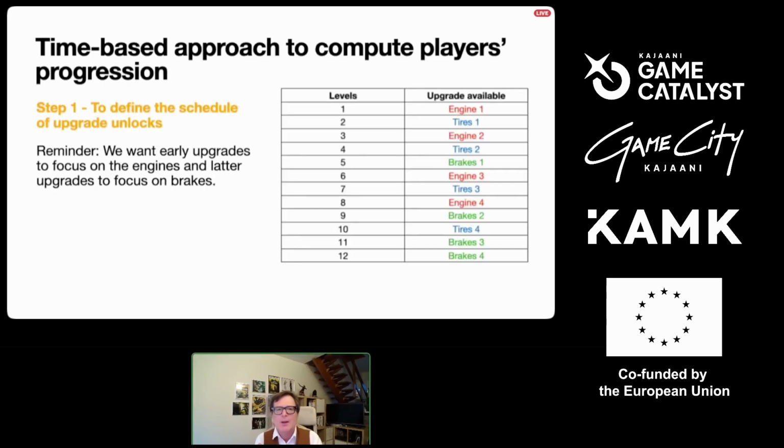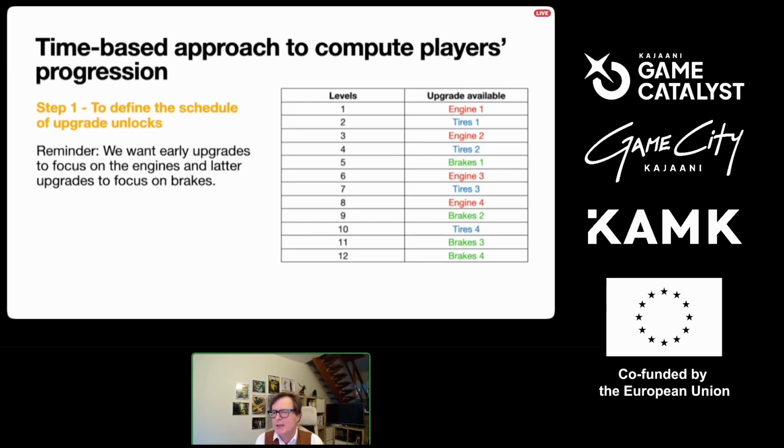So the first step is to define in which order upgrades will be available, and I call it the schedule of introduction. You can see it here, you've got the level. This chart tells me that when the player reaches level 1, he unlocks the upgrade Engine 1. When players reach level 2, they unlock the Tire 1 upgrade, and so on.